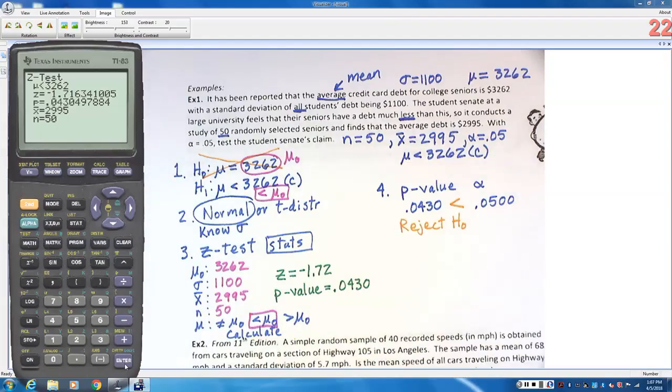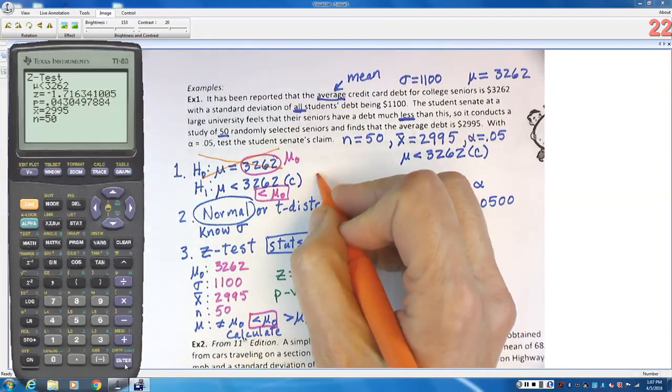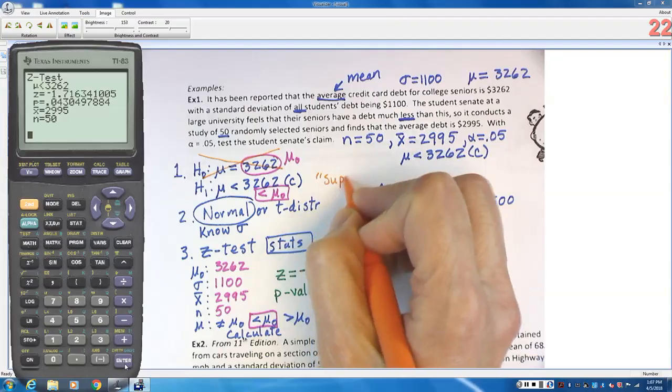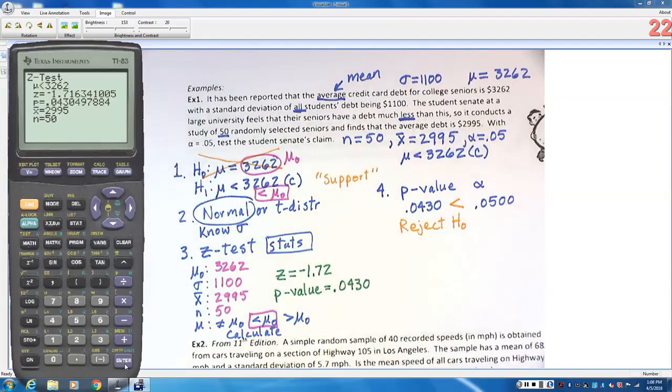And then step 5, the keyword, since the claim is H1, the keyword is support. So in step 5, there is enough evidence to support the claim, or there's not enough evidence to support the claim.